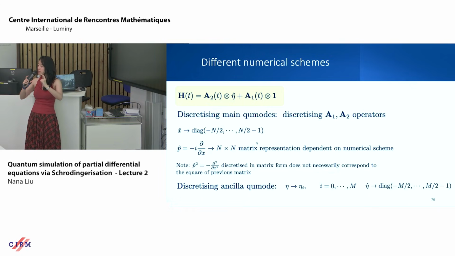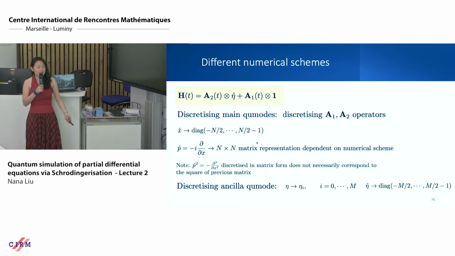So if your X is in that domain, between minus n/2 and n/2 minus 1. But now your P hat, this is an n by n matrix representation, but this is dependent on your particular numerical scheme. Like what do you mean by derivative?